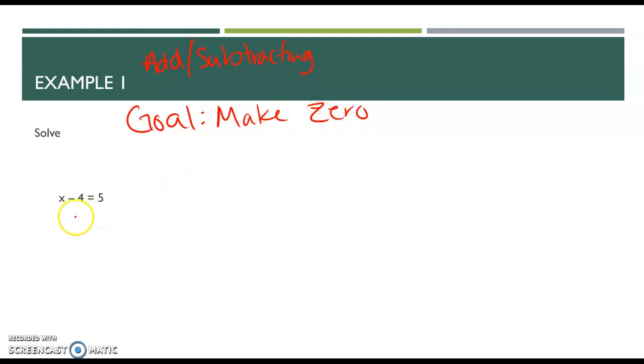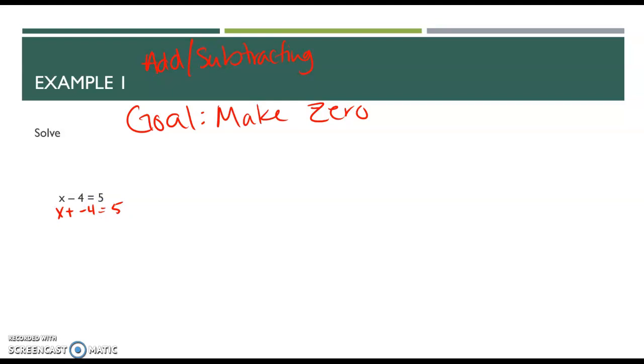So I'm wanting to zero this out. So I'm going to think of this as a -4. Remember when we talked about integers that I kept saying a negative is subtraction, subtraction is negative. So yes, we would read this x minus 4, but remember we could also make this x plus a -4 equals 5. So either way you want to think about it.